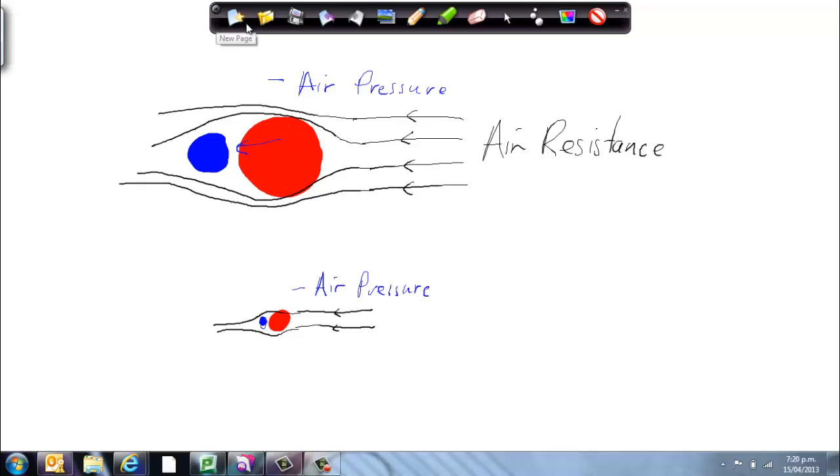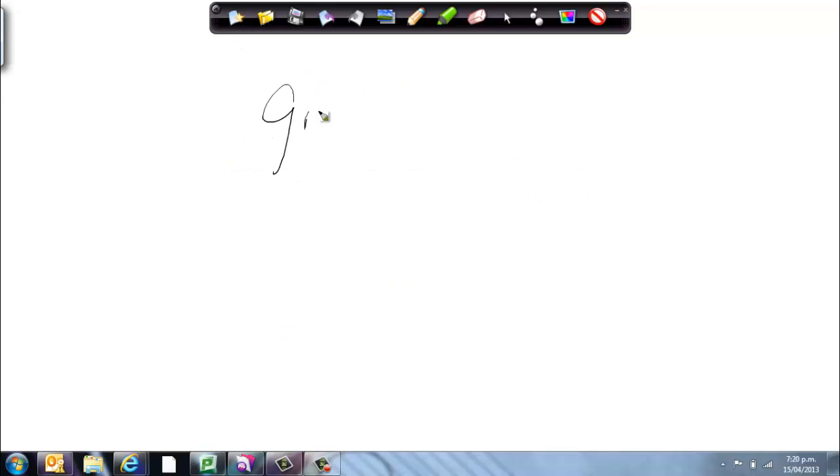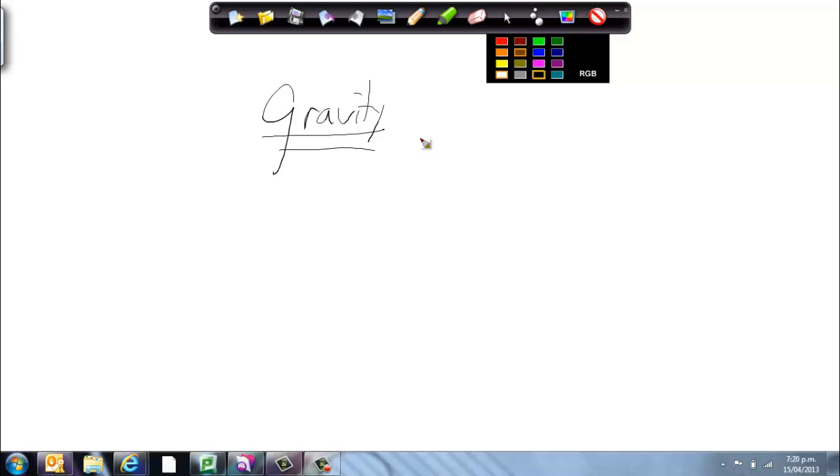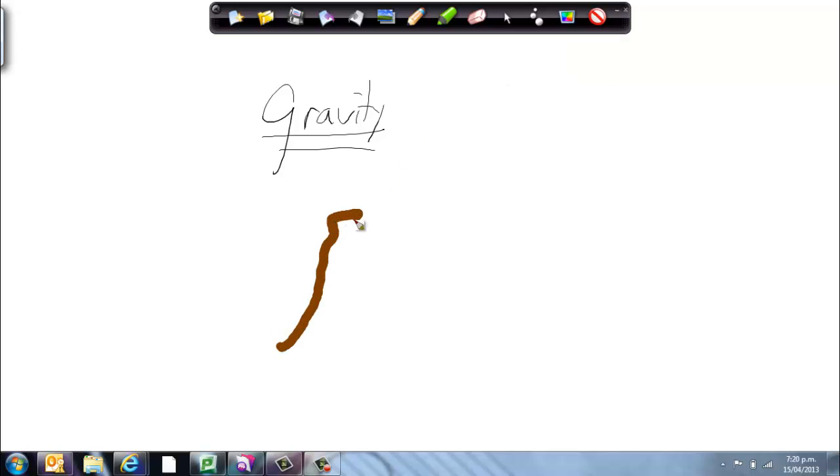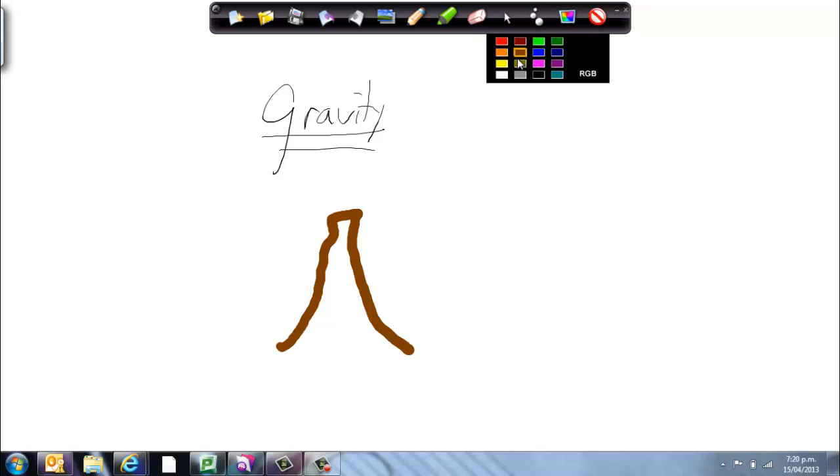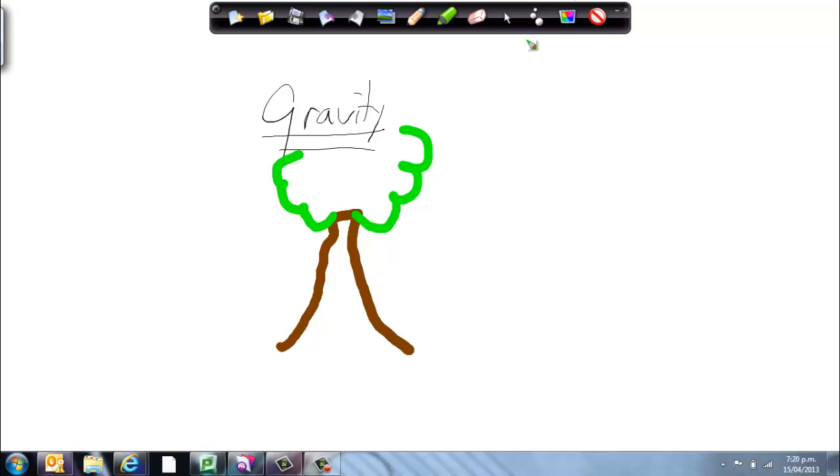Now, let's have a look at this concept called gravity. One day, there was a guy called Newton. He was sitting under an apple tree, minding his own business, when an apple fell off and hit him on the head. And this is where we had the idea of gravity.